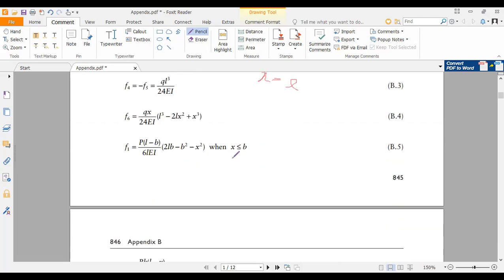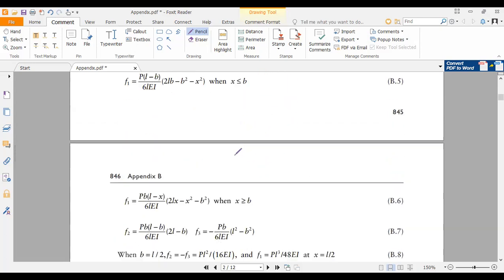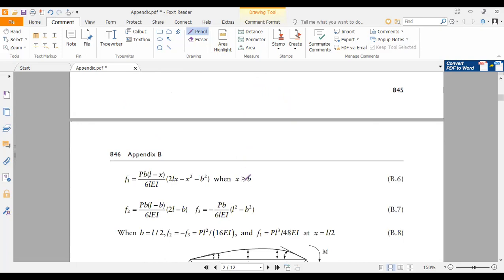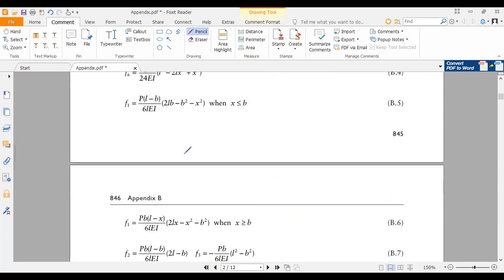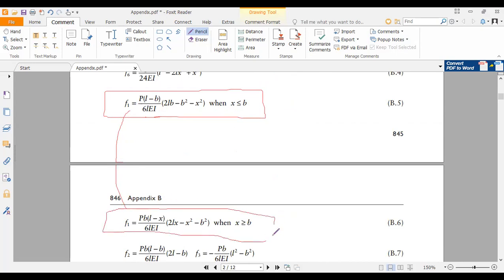It doesn't matter if x is less than b or x is greater than b, because at x equals L by 2, both of them are valid. But make sure this equation, I think it had some mistake, because the units of these two are not tallying. So please use this one. Even in the book, they have used this equation, right?